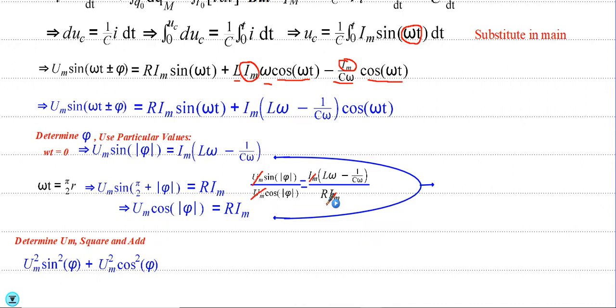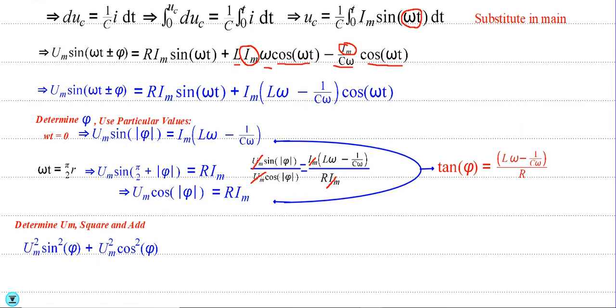So this is very interesting because sine over cosine phi is tangent. The tangent is independent of the voltage and the current. It only depends on the inductance, the proper frequency, 2 pi f, which is omega, the capacitance, and the resistance. So we get tangent phi is L omega minus 1 over c omega all over R equivalent of the circuit.